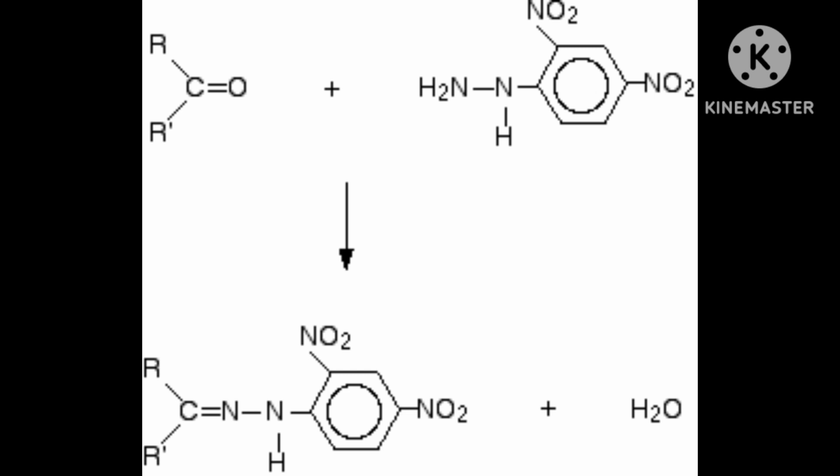First, C8H8O compound A gives two products. First, with 2,4-DNP it gives an orange-red precipitate. That is one product. You have to find out which product this is, and what is its name.